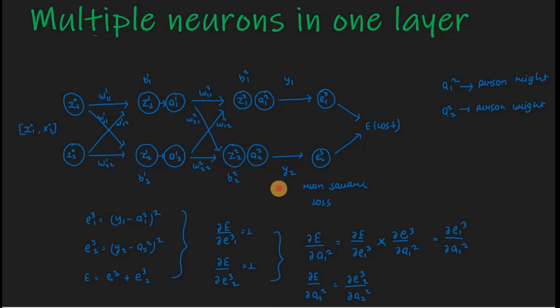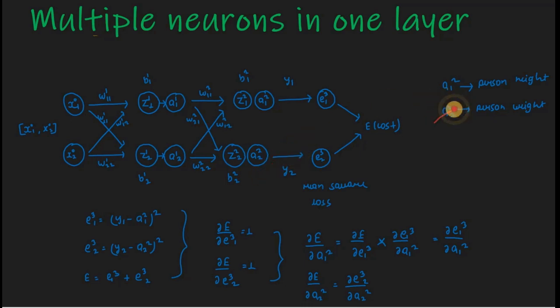Let us assume that from this neural network, we are trying to predict the height and weight of a person. At this point, it must be clear that A12 and A22 are the predictions made by our neural network. We can consider A12 as the predicted height of the person and A22 as the predicted weight.